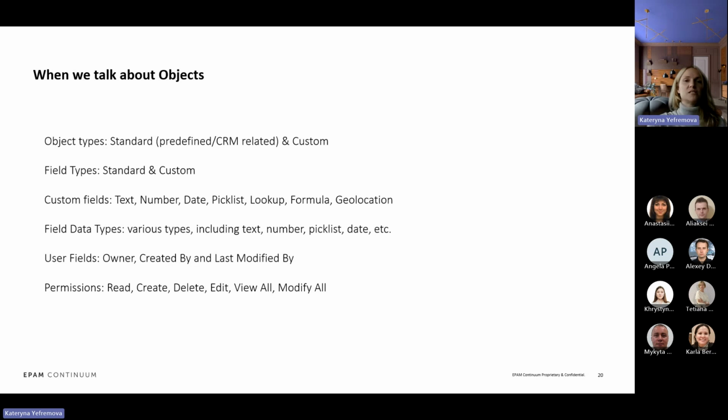But if it's really something new and complicated, you would create a custom object. And when you create a custom object, you also can fill it with the standard fields, or it could be absolutely new custom fields with new information which does not exist in standard Salesforce.